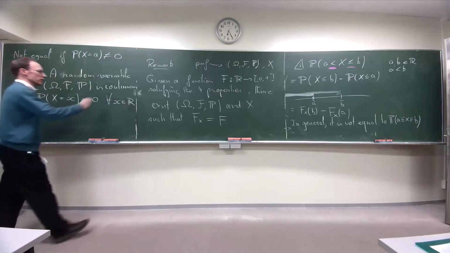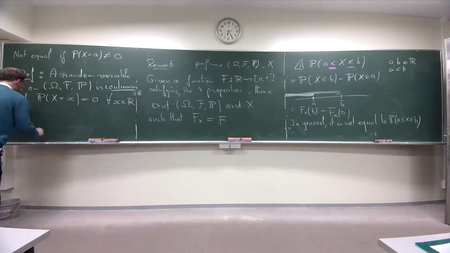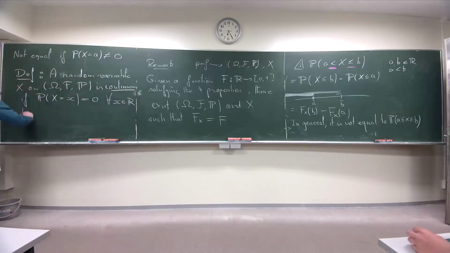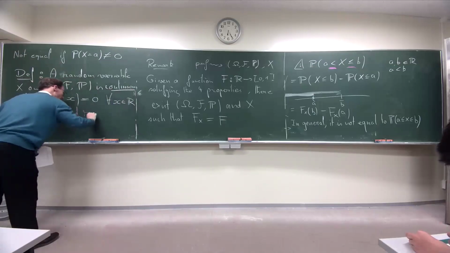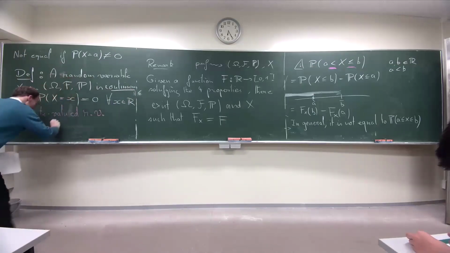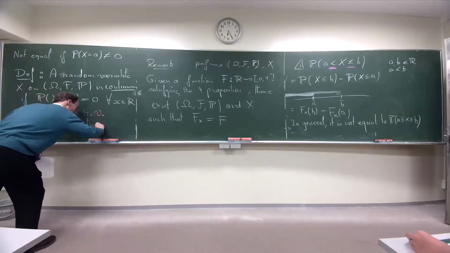So I say it's continuous if the probability of one point is 0 for any X, which means you can directly observe discrete valued random variables. I will use a strange notation, but we will give a meaning to it later.